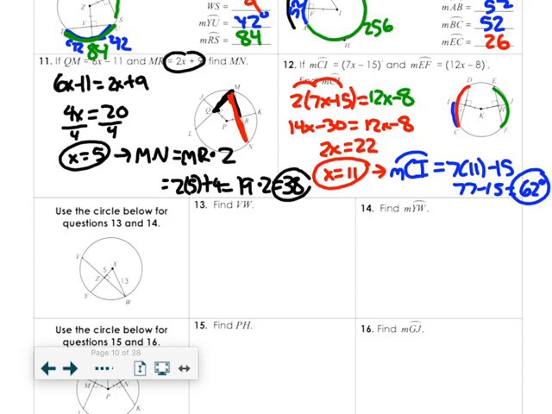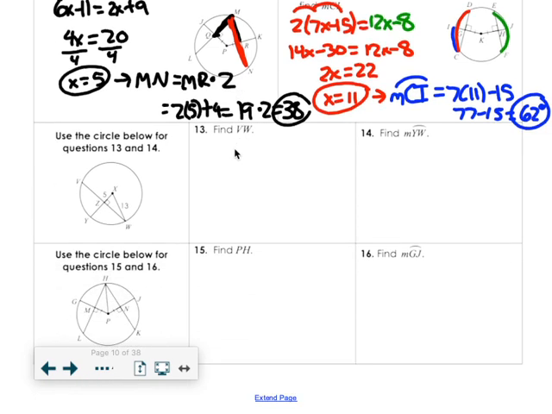All right, last little piece here. Use the circle on the left here for questions 13 and 14. So to find VW, what's going on right here? VW is this. Sorry, let me fix my board one more time here.